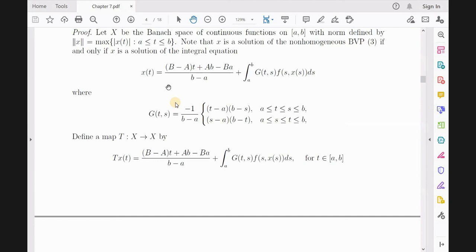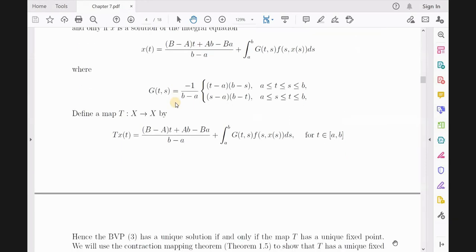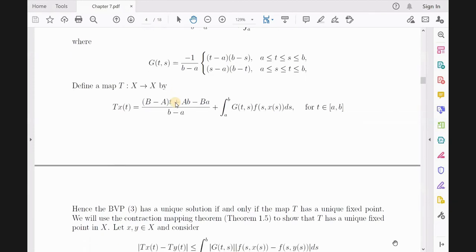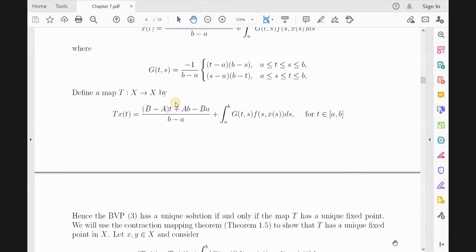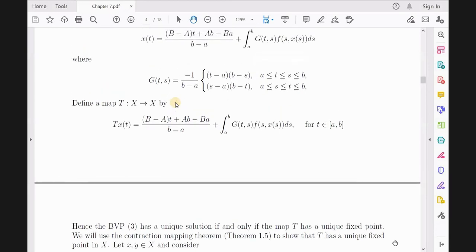And if this integral equation has a solution, then the given boundary value problem has a solution. So we use the contraction mapping theorem to show that T has a unique fixed point in X.